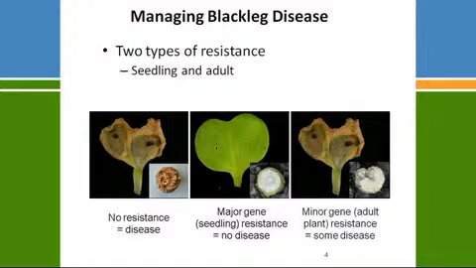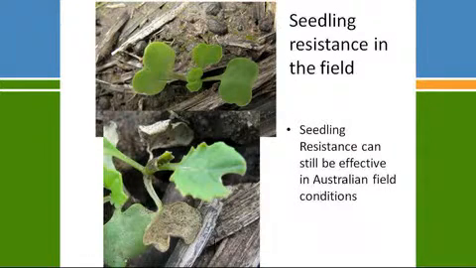In some of our cultivars, the seedling resistance is effective, so we get plants with very, very low levels of disease, but in most of our cultivars, the seedling resistance is overcome. Because it's that gene-for-gene interaction, the pathogen can overcome it quite easily, and we're then reliant on the adult resistance in the plants. And when we talk about adult resistance, it's really a stem canker resistance, so it's still effective at the seedling stage, just to make it more confusing.